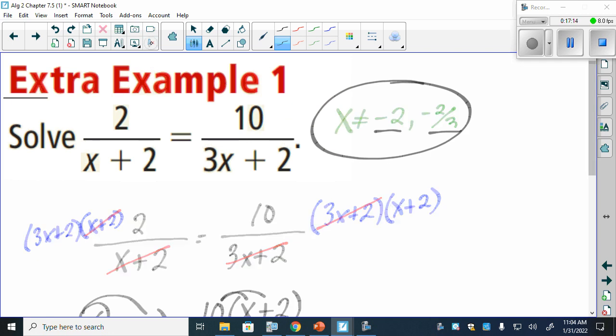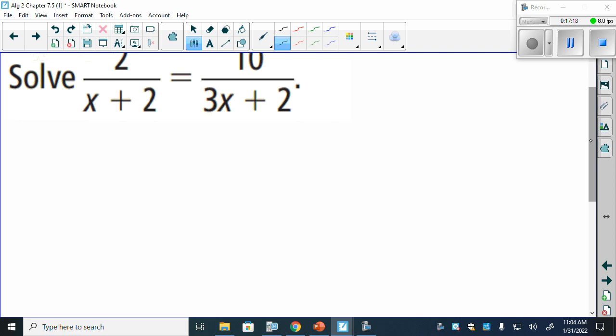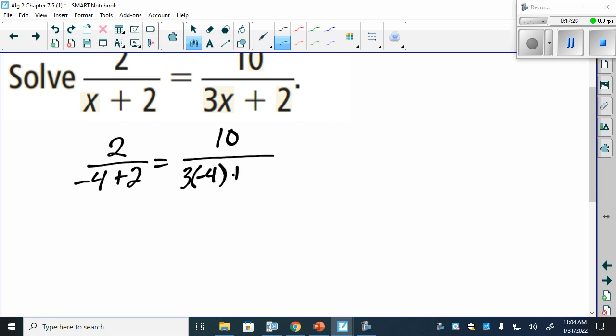Now, the other thing is if we don't find those, because we found out x is negative 4, what we would need to do with every solution is come back in here, plug them in, and check to see if they worked or not. So by just having the restrictions, we already know if one of the values matches it, we can throw it out. It doesn't work. Because if we plugged it back in, we would see that it doesn't.